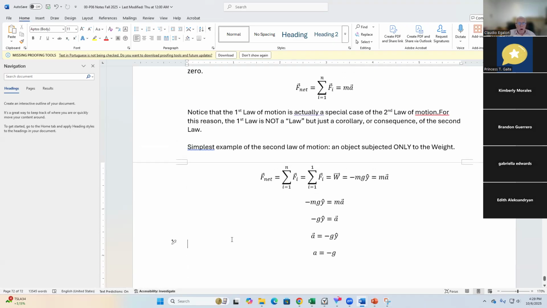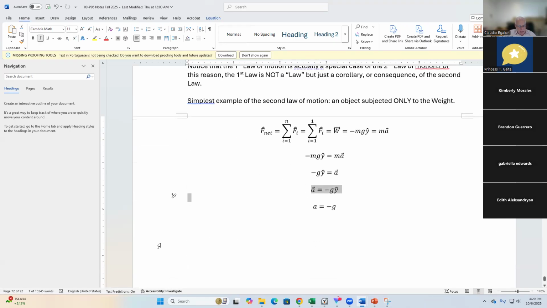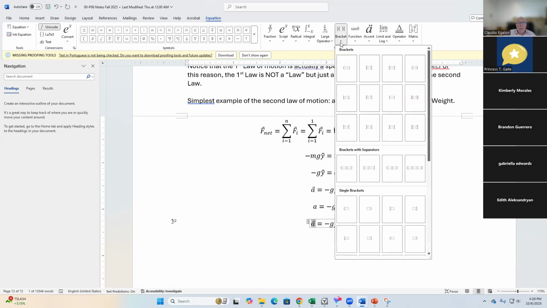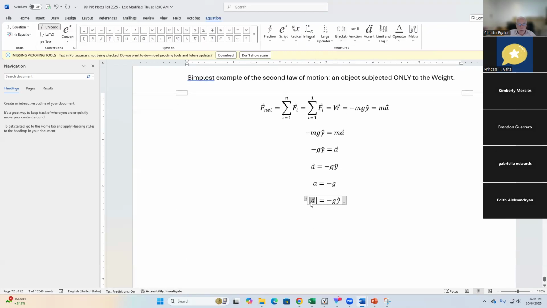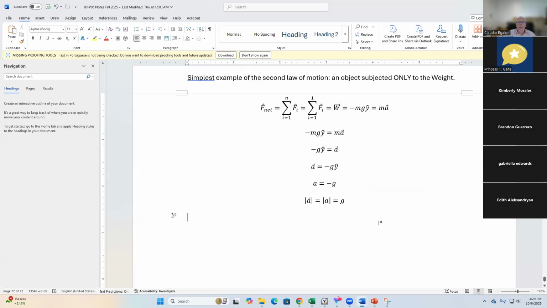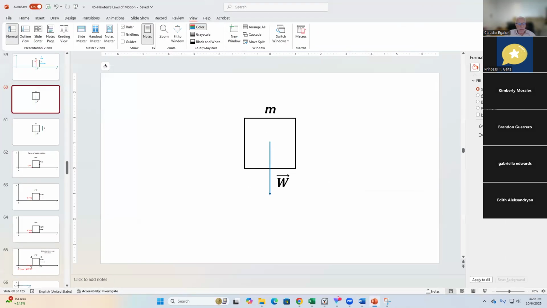Or in terms of the magnitude of the vector, which is equal also to the magnitude of the scalar, because as a magnitude we do not have a negative sign, just a positive number at the end. That's the simplest example that uses Newton's second law of motion.